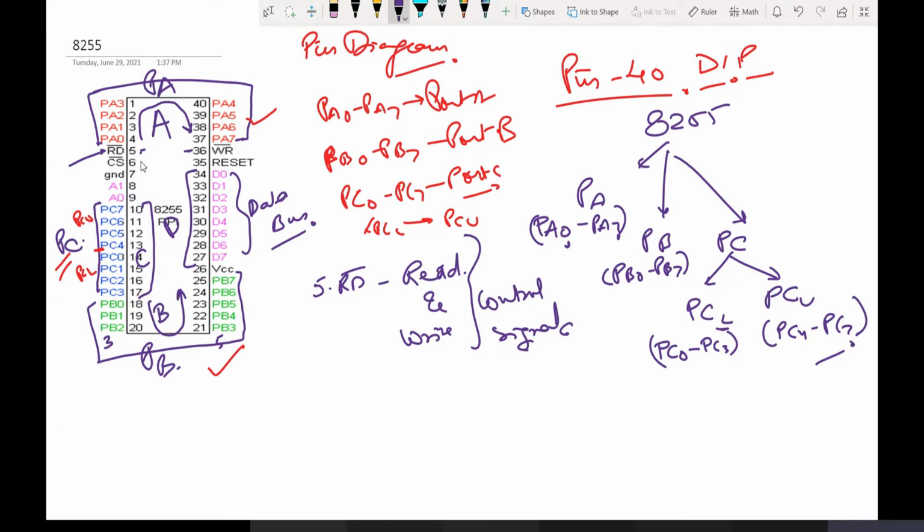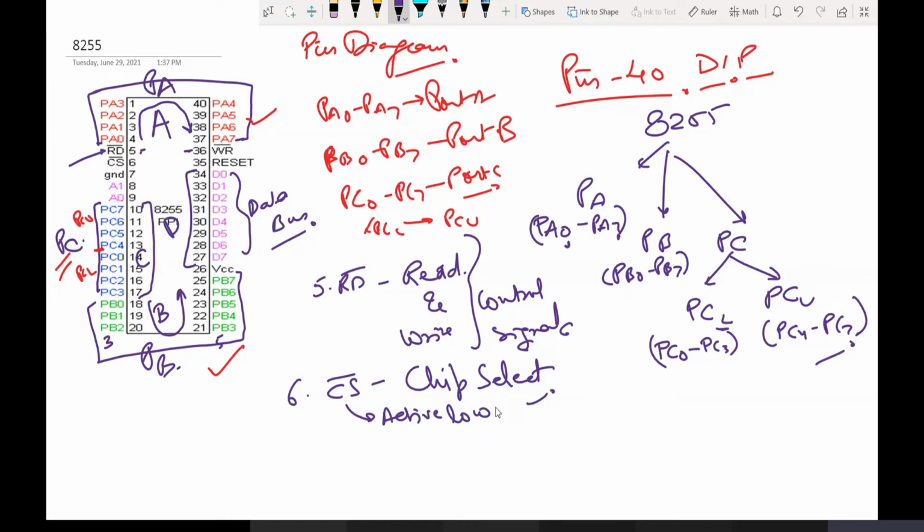Next we have CS bar, pin number 6. CS bar stands for chip select. You might have already seen that there are a few signals in digital electronics, like enable and active. It is the same. It is just a selection signal. Since it has a bar, that means it is an active low signal.